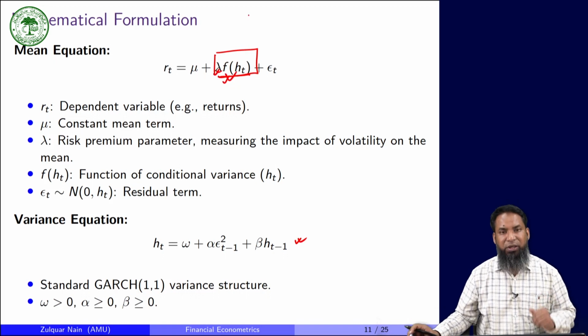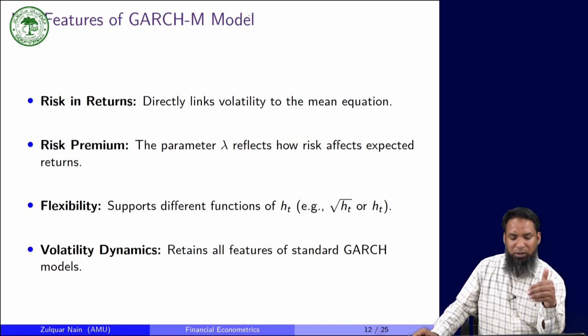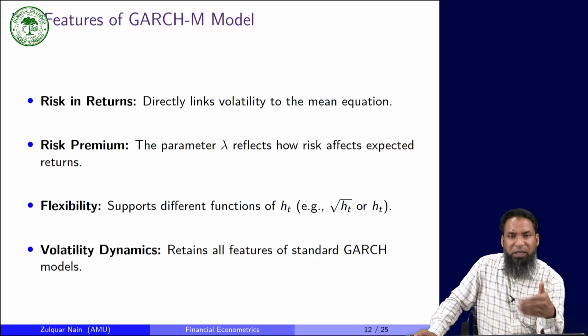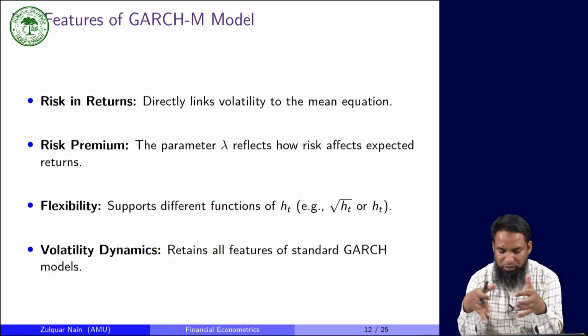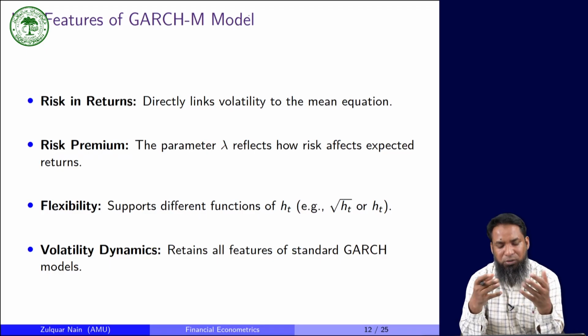So why do we do that? Basically, this directly links risk and returns, that is, volatility to the mean equation. Why have we included that? A lot of investors are risk averse. To attract them, we have to pay a higher premium in the form of return.